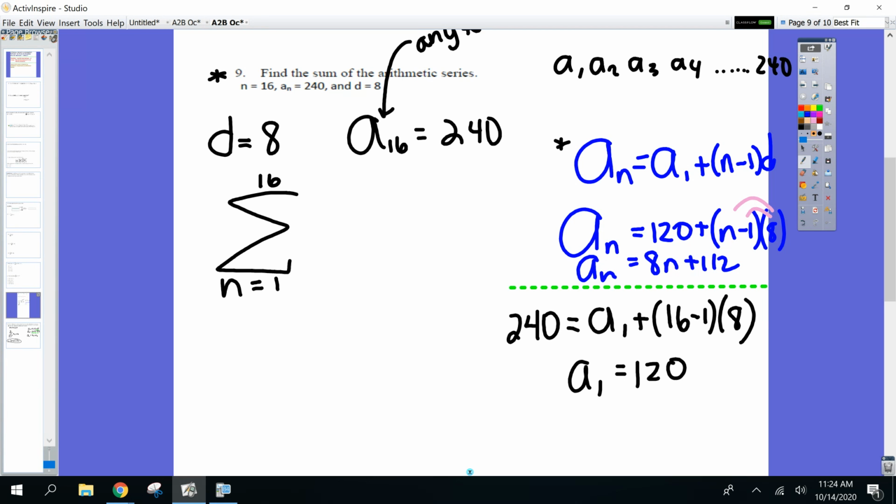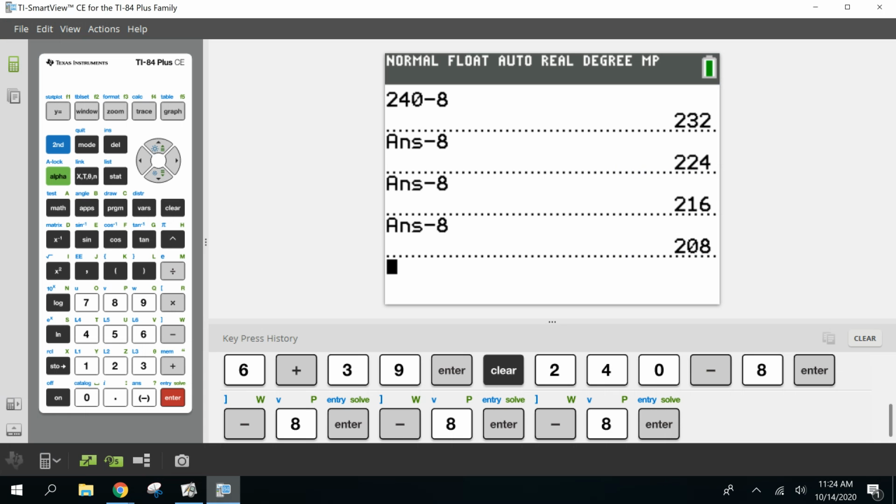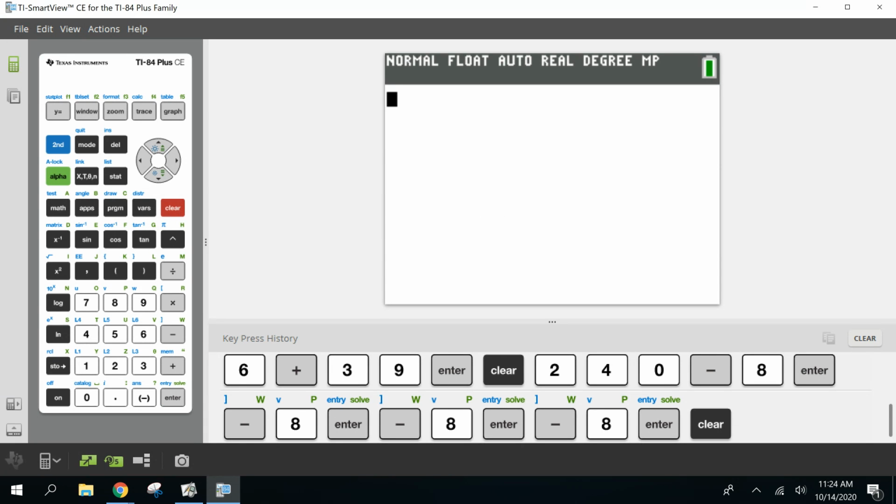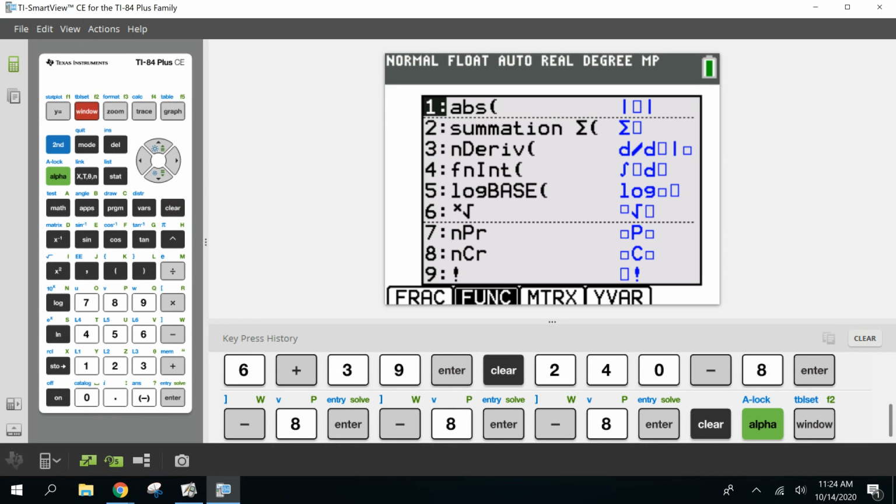So everyone take that formula, put it into your sigma. And pretend I wasn't here yesterday. You guys have to teach me. Where do I go on my calculator? Because you could probably use your calculator on the quiz, hint. Where do I go to get the sigma button on my calculator? Alpha window. There is that beauty right there.